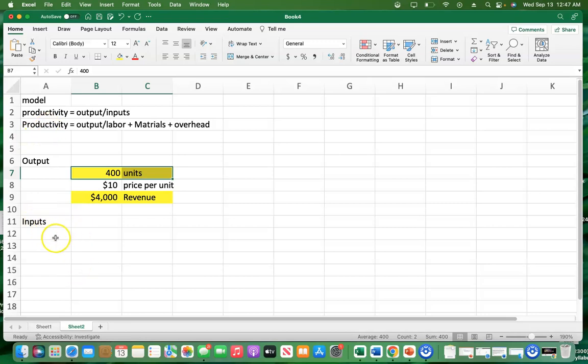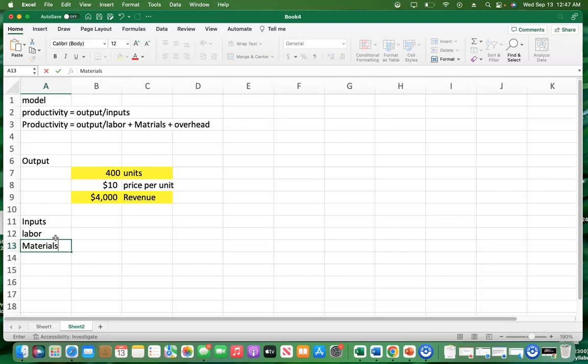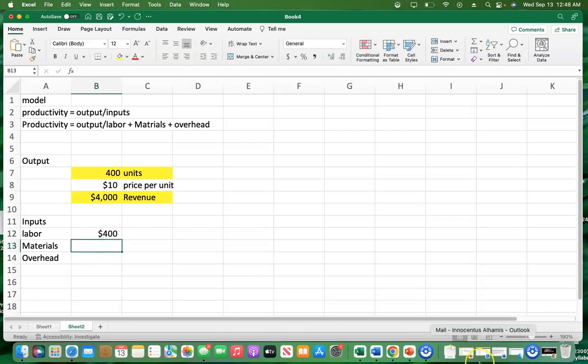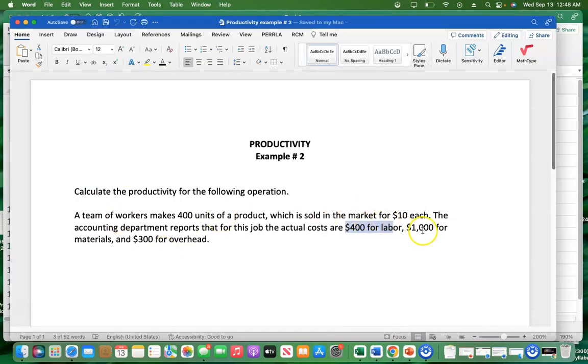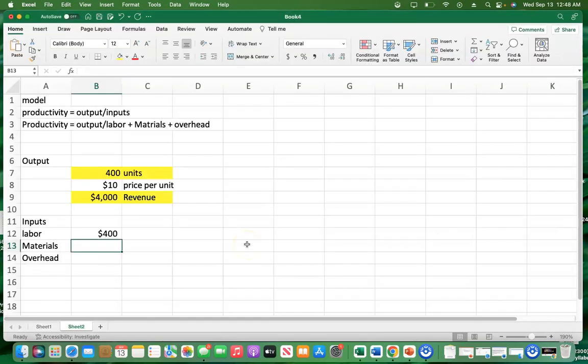Now, in this case, we have a number of inputs. Remember, we said that we have labor, and also we have materials, and then we have overhead cost. So labor, we have 400, the materials, we have 1,000, and overhead $300.